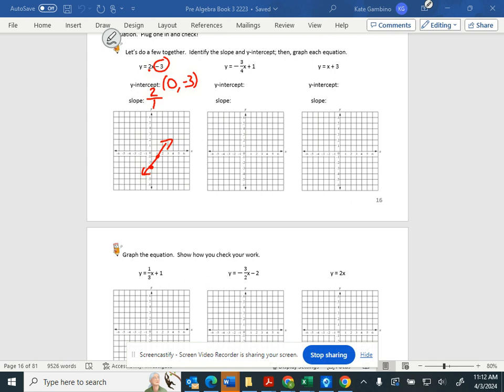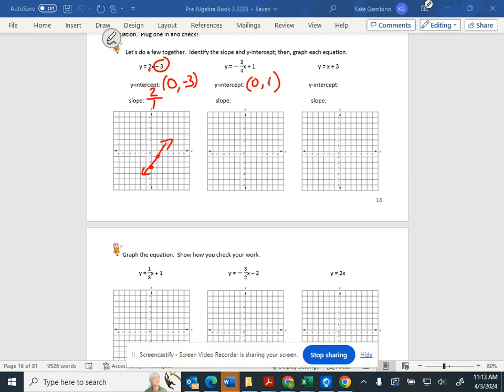Let's look at our next one. What is our y-intercept for y equals -3/4 x plus 1? What is the y-intercept? Lucas. Well, the x equals 0, so it is 0 and 1. So we knew the b is the y-intercept.